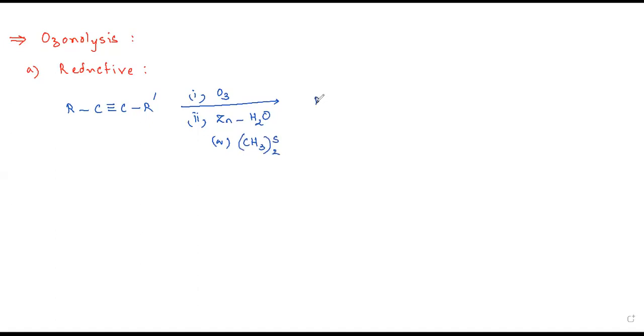See, even with the reductive ozonolysis also, we get a diketone, just as cold dilute alkaline permanganate.